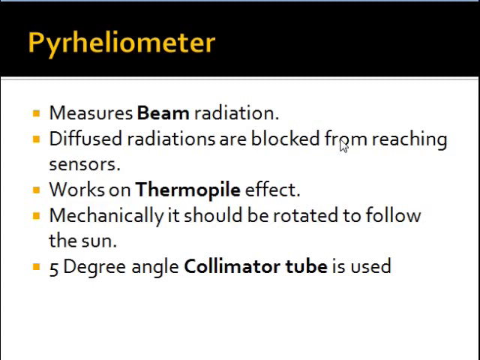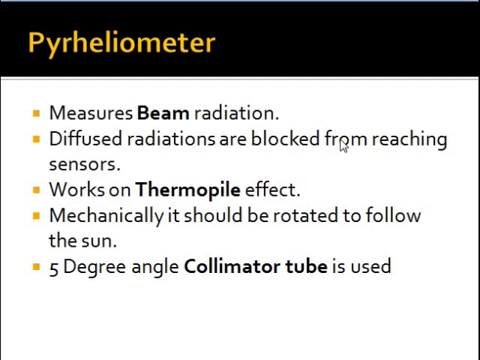The sensor, as it is placed at the bottom of the tube, effectively avoids any incoming diffused radiation. The tube is called the collimator tube, and it has a small angle of 5 degrees, so the diffused radiation is effectively blocked and we measure only beam radiation.